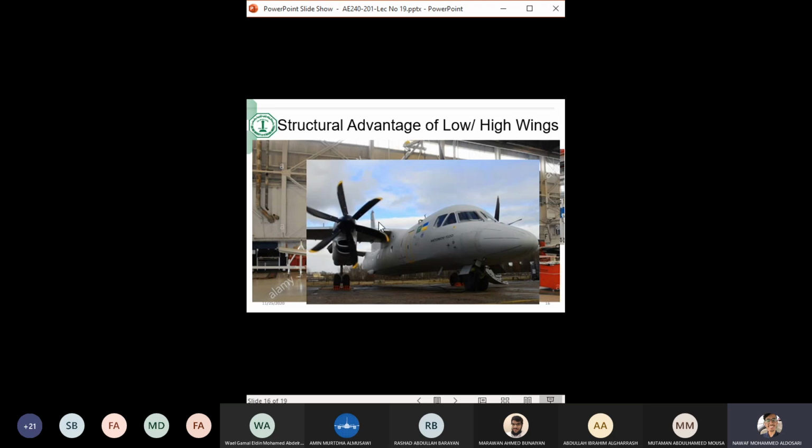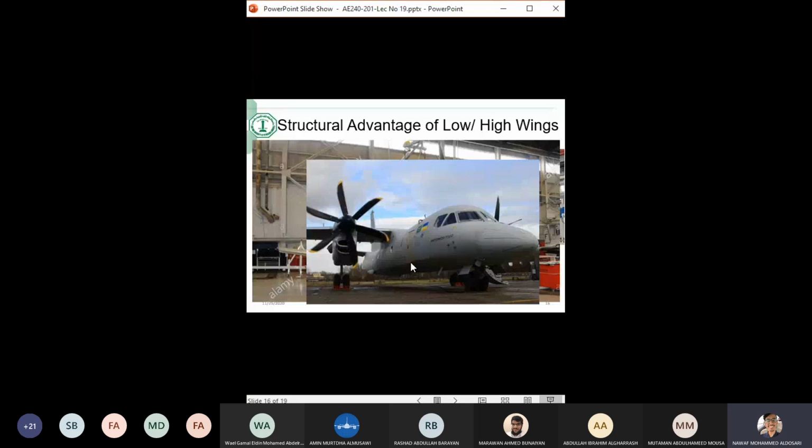Oh, okay. You see this aircraft here. Assume that I don't have the engines here, or maybe the engines were attached to the fuselage or inside. And in this case, the main landing gear, if you want to attach it to the wing, it's going to be very long, right? The landing gear will go from here all the way to the wing. In this case, you will not be able to retract it inside the wing.